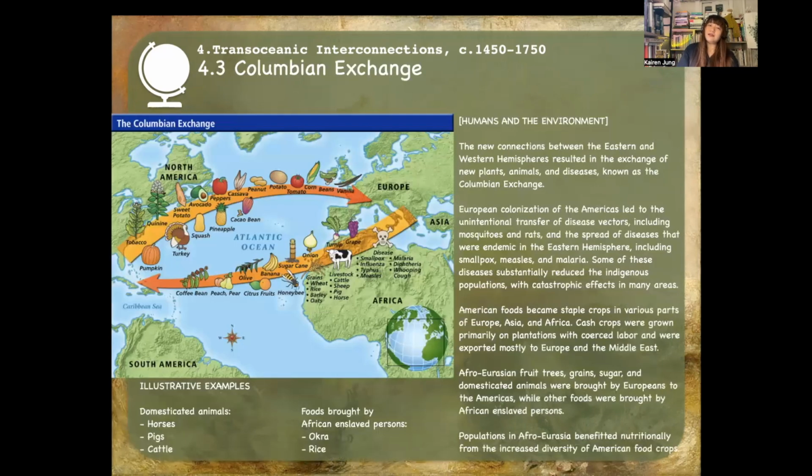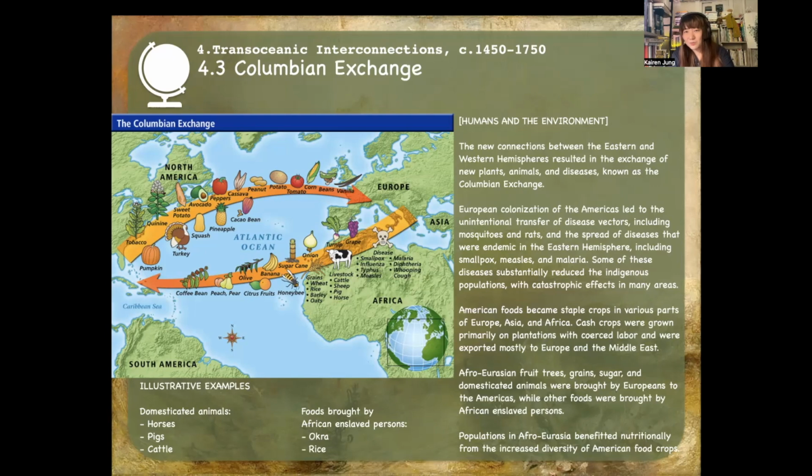When we're looking at the Columbian Exchange, right, this is a major theme within humans and the environment. You have illustrative examples of domesticated animals such as horses, pigs, and cattle crossing the Atlantic and entering the Americas. Foods brought by African enslaved persons, of whom there were a great many, far too many. Okra and rice were carried over to the Americas.